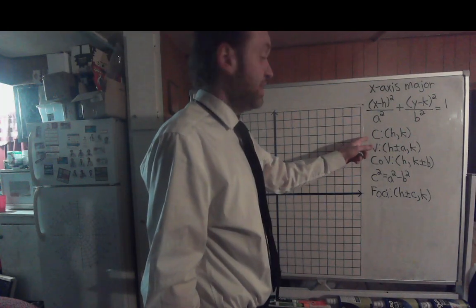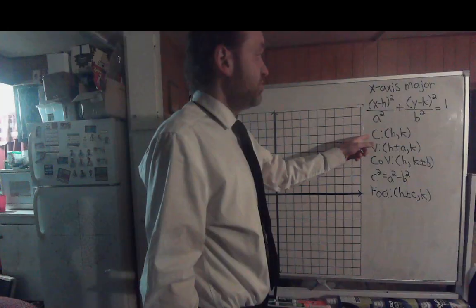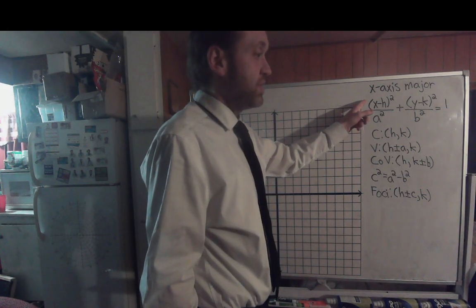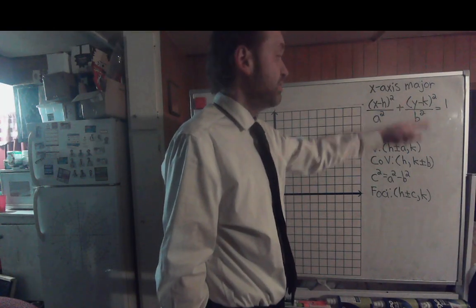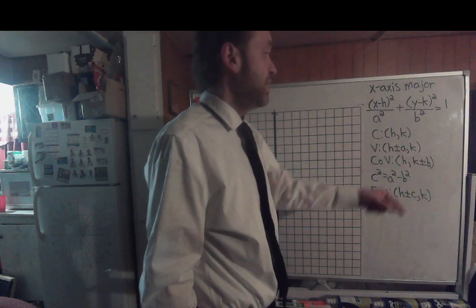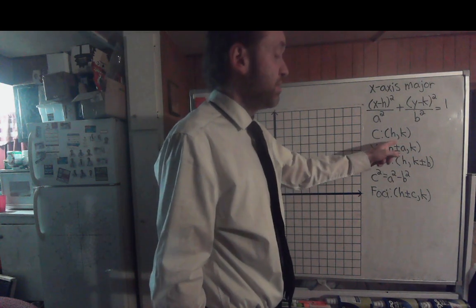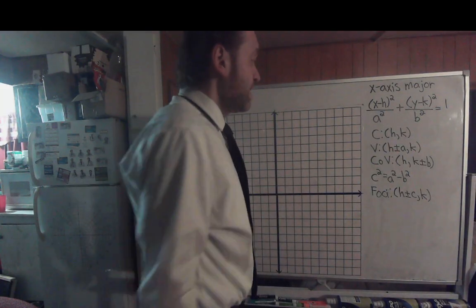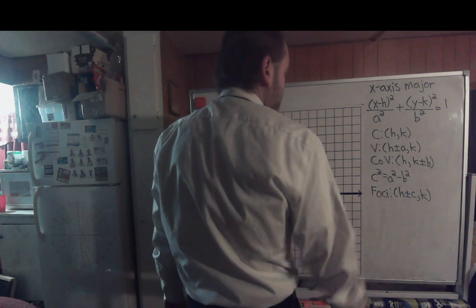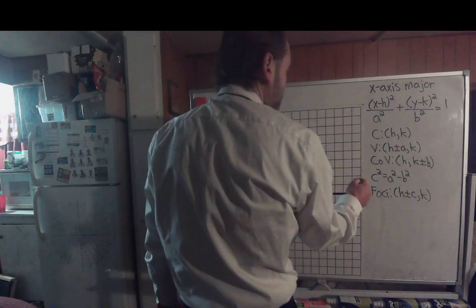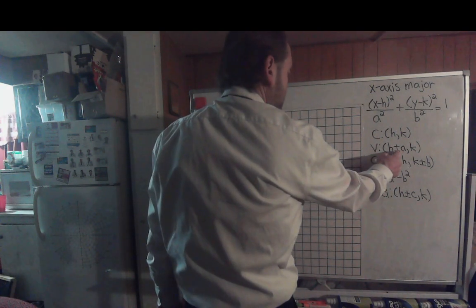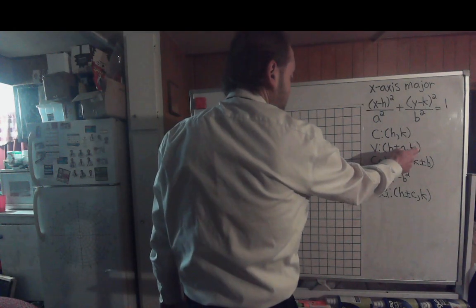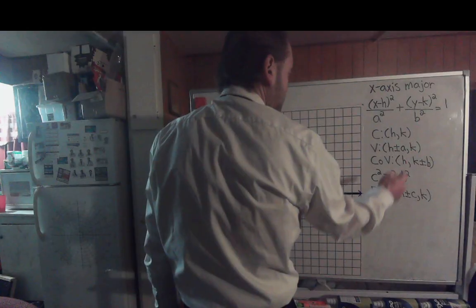Well, to find the center of the ellipse, you just set x minus h equal to 0, you'll get the x-coordinate at h, and then set y minus k equal to 0, you'll get the y-coordinate of k. So your center is at the point (h, k). And then to find your vertices, just take the square root of a squared, and then since the x-axis is the major axis, you'll take x both plus and minus a, and then you'll leave your k alone for your y.